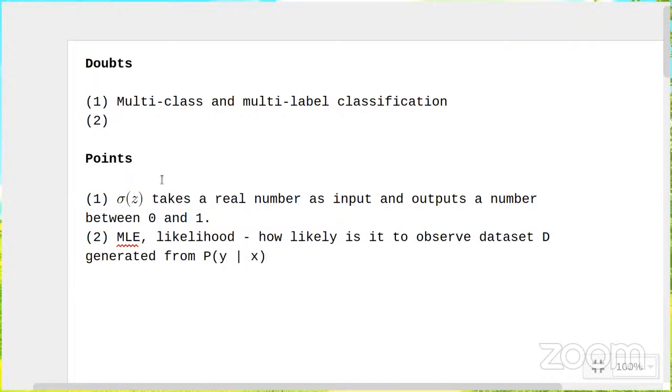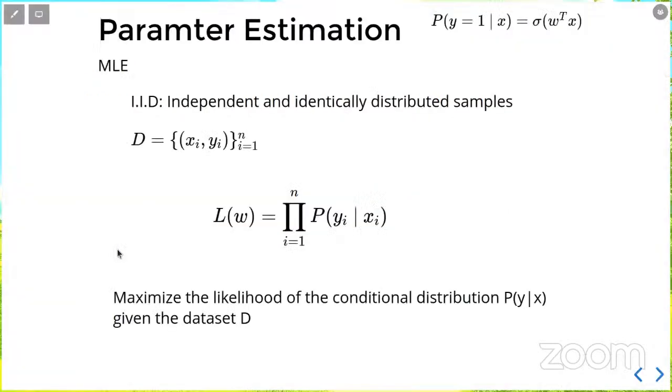That is what we are trying to maximize. We want to maximize the probability, or the likelihood, of this data coming from this distribution. I hope this step is clear.